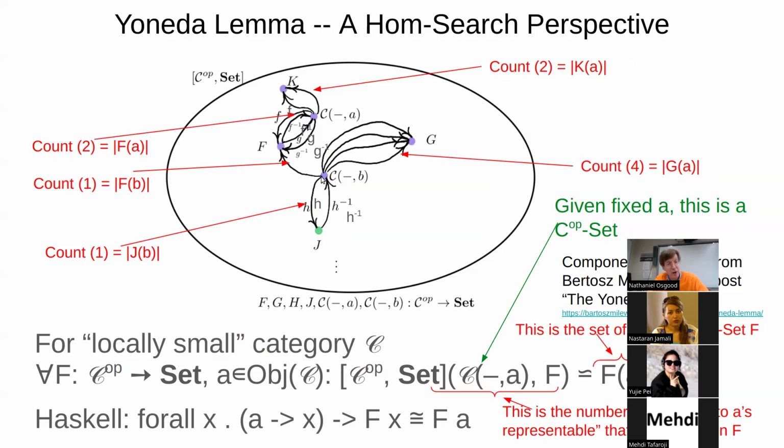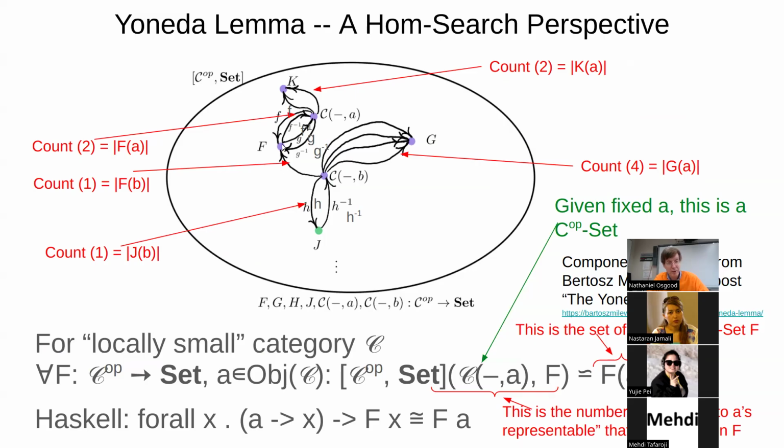All these are functors for the same category C. It's a C-op set, but you could call it a D set and make D be C-op. Okay. So this is a D set. But I'll call it a C-op set. I'll call it a presheaf on C. So this is a functor.